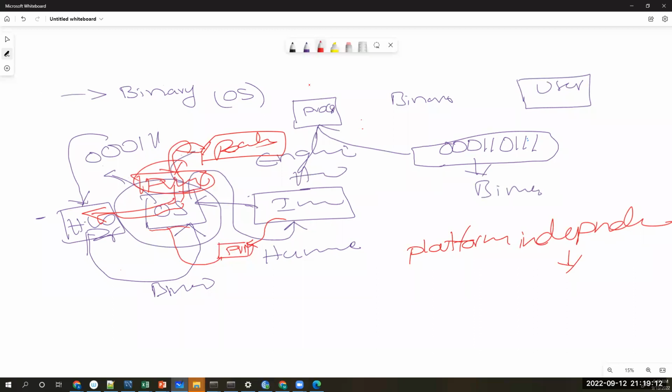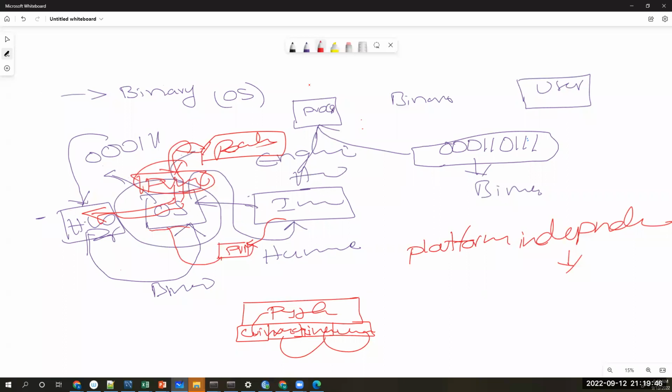Because it can work across platforms: Windows, Mac, Linux, Unix. After installation of Python in any of the OS, if you write any program, that program will execute on any type of platform. There is no dependency.